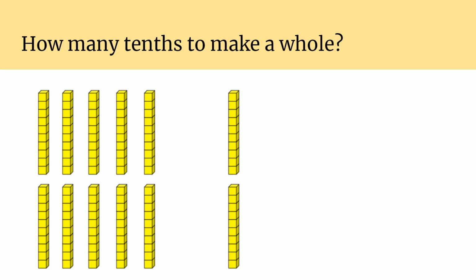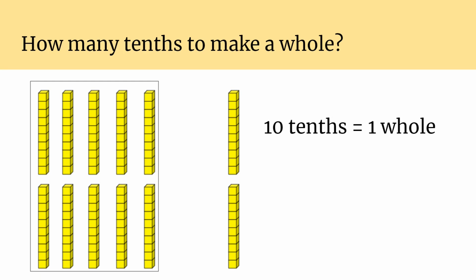Now, how many tenths do I need to make a whole? I need 10 tenths to make a whole. So if 10 tenths equals 1 whole, how much do I have? I have 10 tenths and I have 2 tenths. So I could refer to this as 1 and 2 tenths.